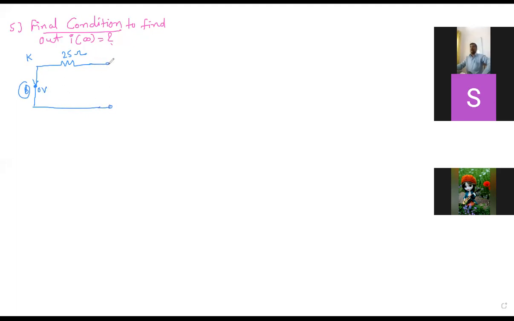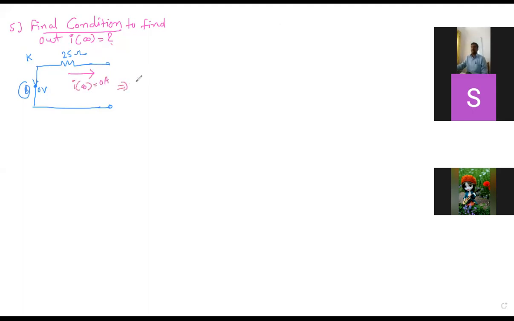Since it is zero volt, the current will be zero. So whatever the 1 ampere is, that current will decrease. Power supply became 0, so current also becomes what? 0 ampere. Okay, so the I of infinite value will become 0 ampere.